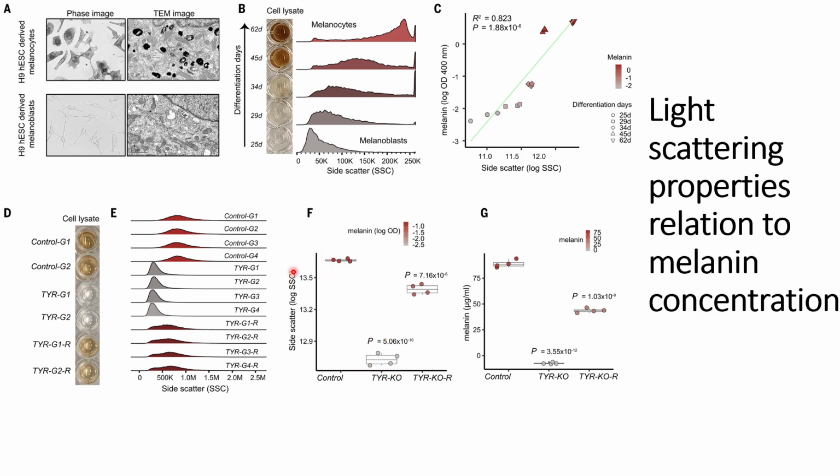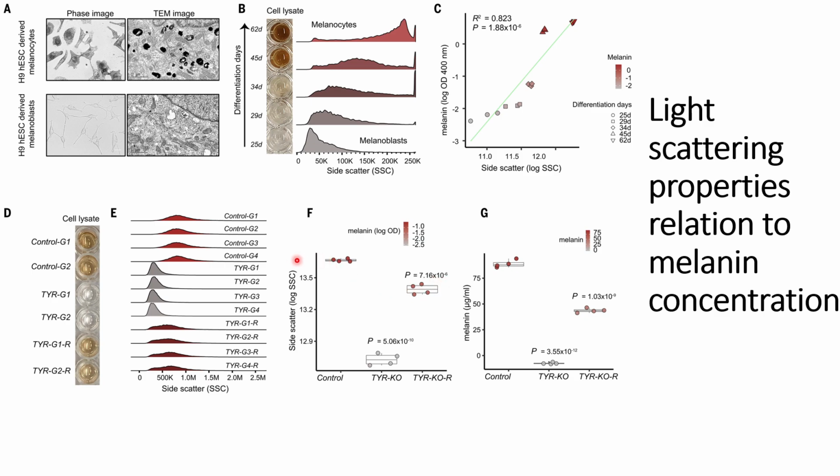The y-axis represents the side scatter. So in the control they can see the high signals for side scatter, and when the tyrosinase is knocked out they can see low signals, and when the tyrosinase is re-expressed they can again see increased signals for the side scatter.